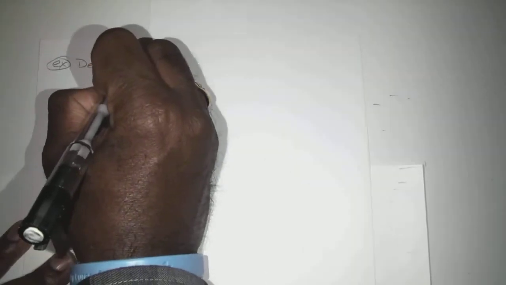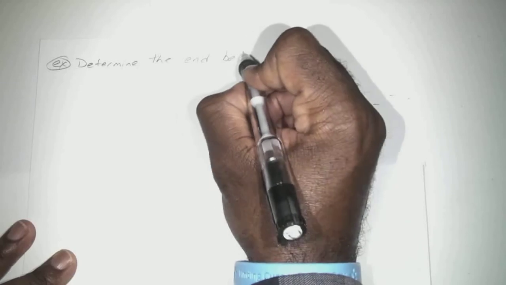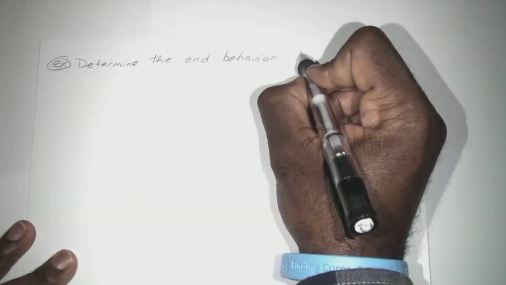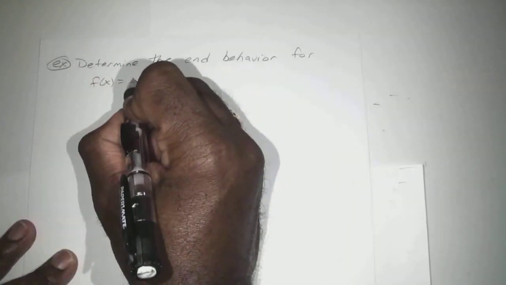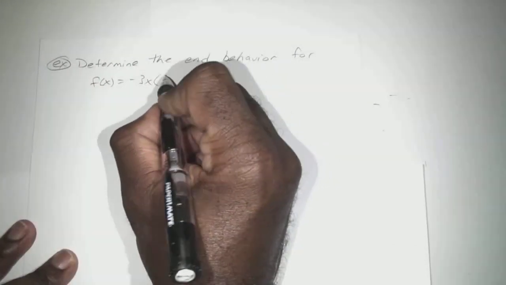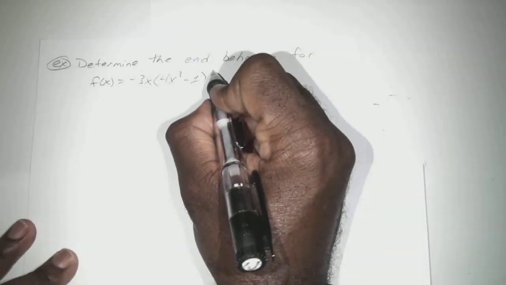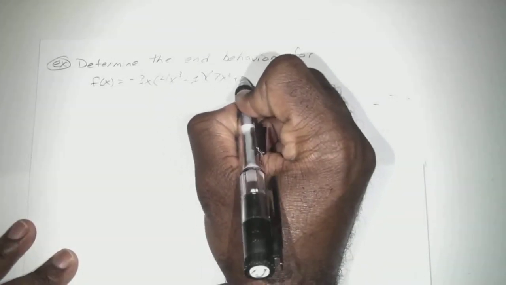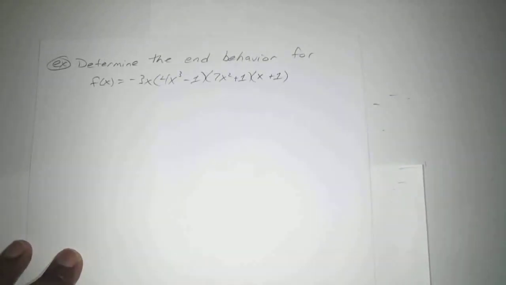All right, so let's say for our next example, if you wanted to determine the end behavior for, say, f of x equals negative 3x times 4x to the third minus 1 times 7x squared plus 1 times x plus 1.